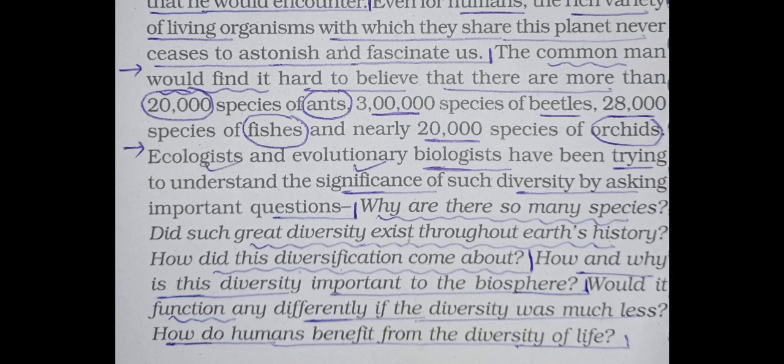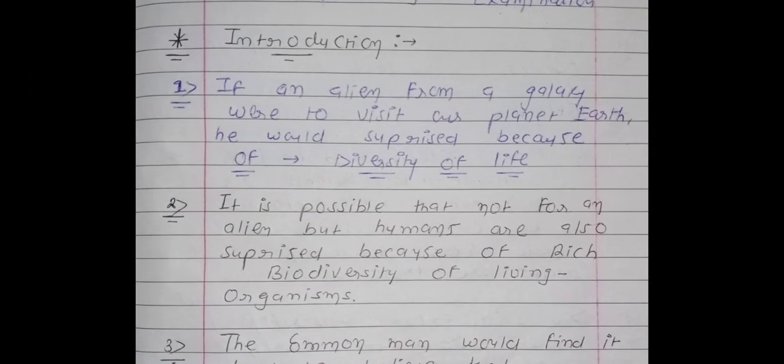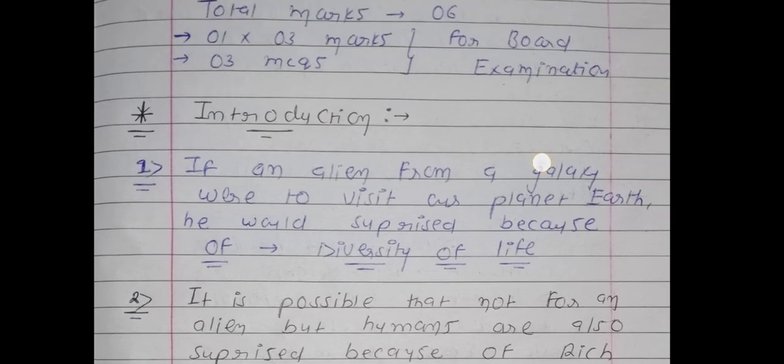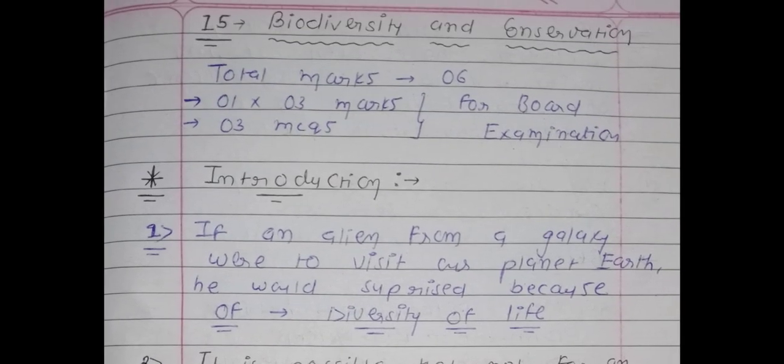And the last one is, how do humans benefit from the diversity of life? The answers to all these questions are not given in your textbook, but the answers are here in the notes. So thus the first topic, introduction of chapter number 15, is completed.